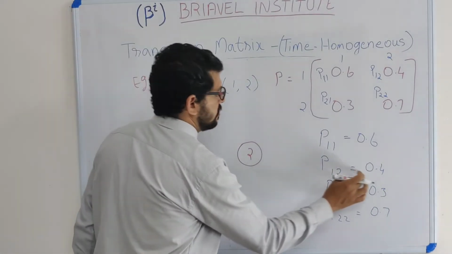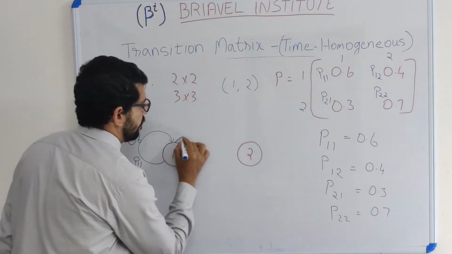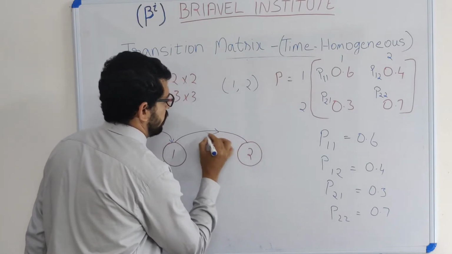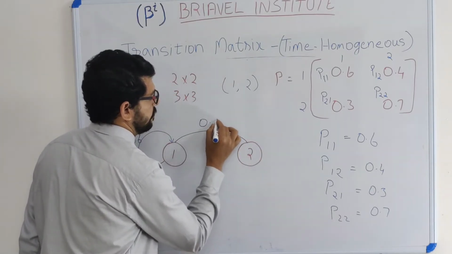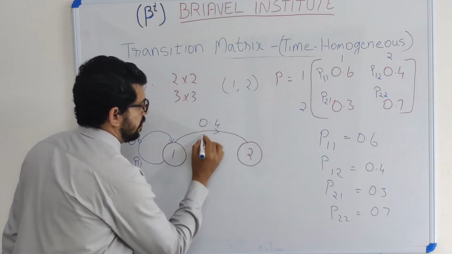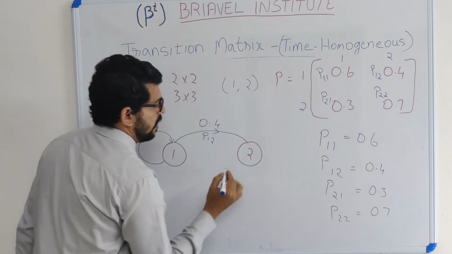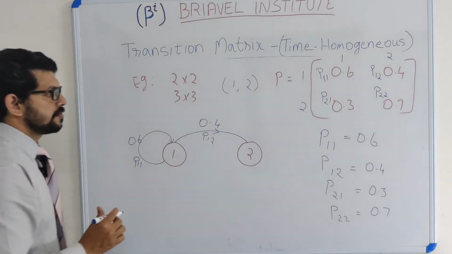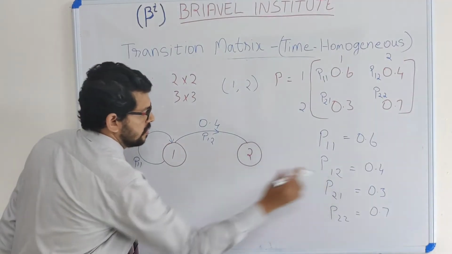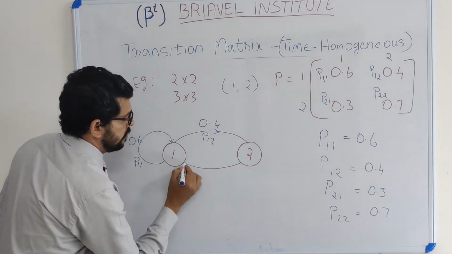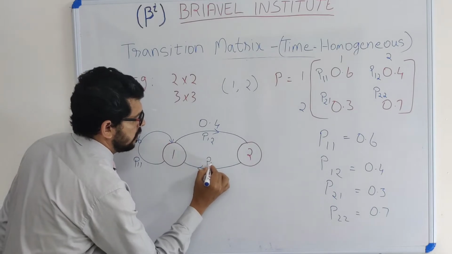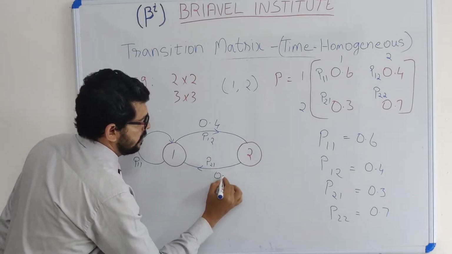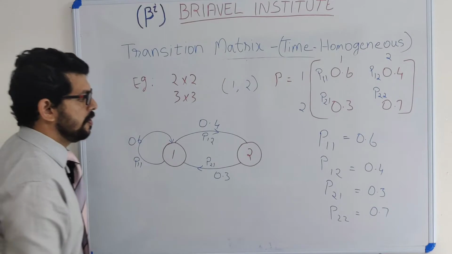P of 1 2 is 0.4, moving from 1 to 2. And P of 2 1 is 0.3. This is P of 2 1, equal to 0.3.